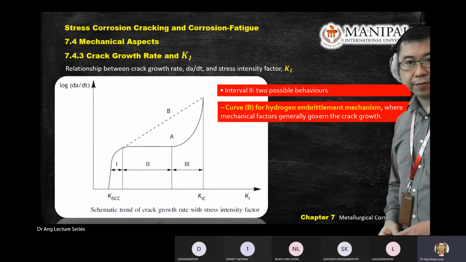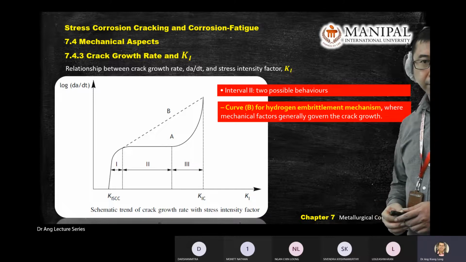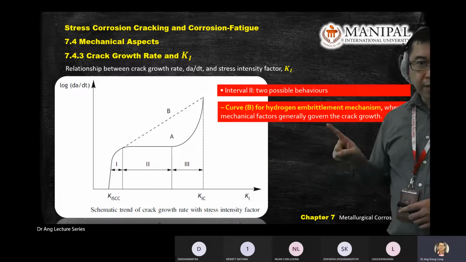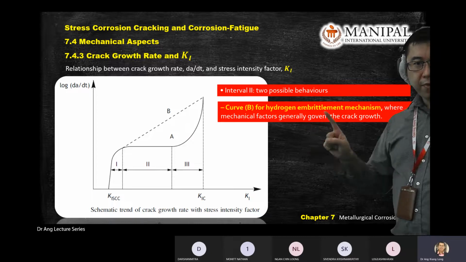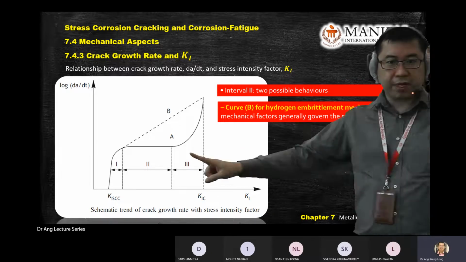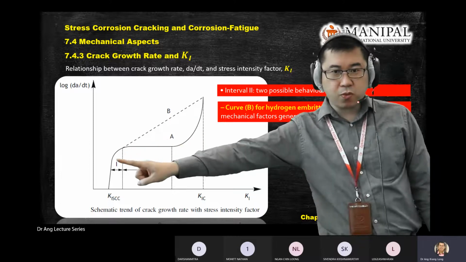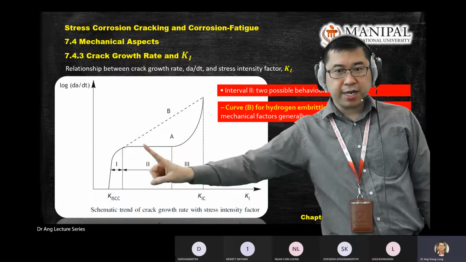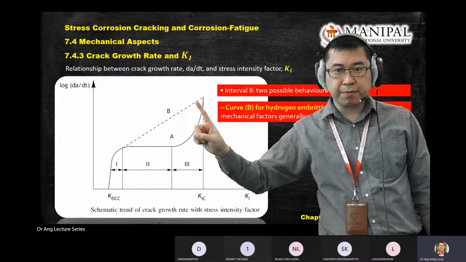Okay. Meaning the crack is because of hydrogen embrittlement. If the curve, after 1, gives you a straight line and not a curve like this, then most highly possible hydrogen embrittlement can happen.